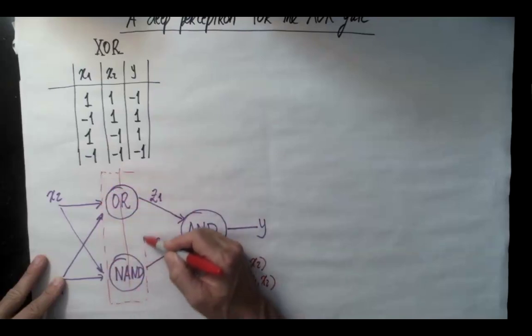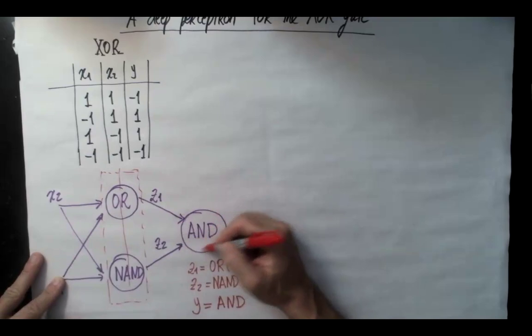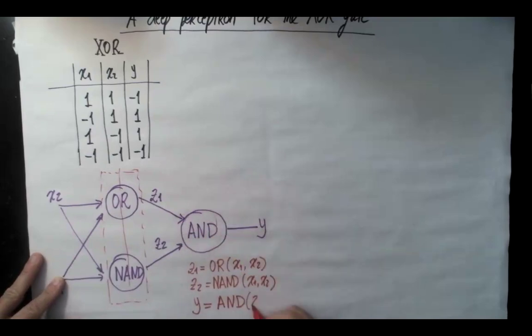This is a layer of Boolean gates, and the output of this first layer will be the input of this AND Boolean gate.